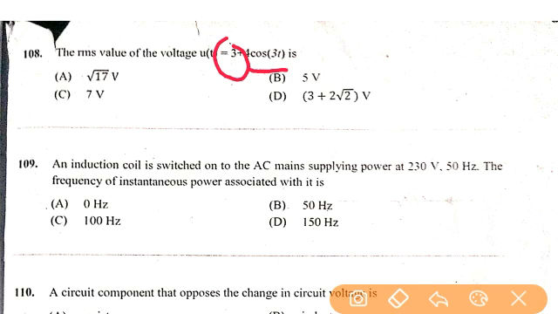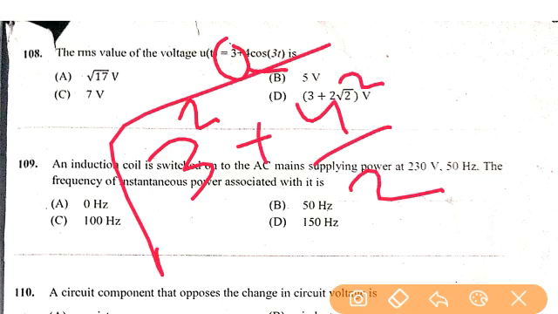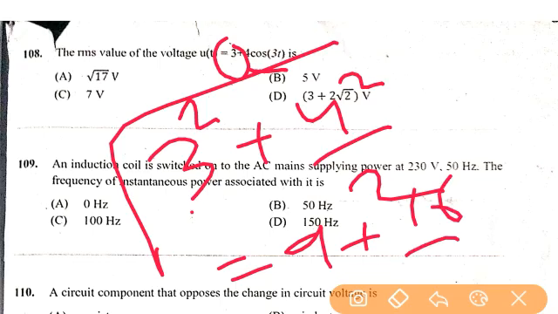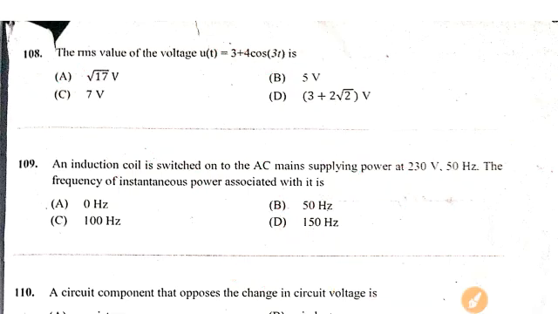So the RMS value will be the root of 3 square plus 4 square divided by 2, that equals 3 square is 9 plus 4 square is 16 by 2, that equals 8. So 9 plus 8 and its root, that equals root of 17. So option A will be the correct answer.